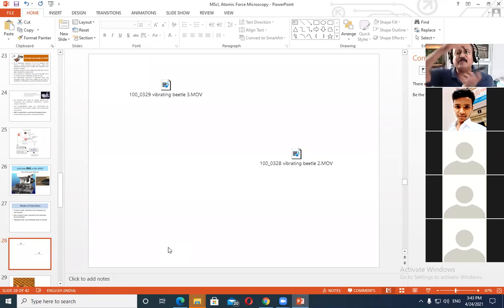While the probe is scanning, vibrating, oscillating, and scanning the sample in the different directions, the XY direction, if there is some feature on the surface, if there are some molecules on the surface, then there will be an alteration in that vibration.